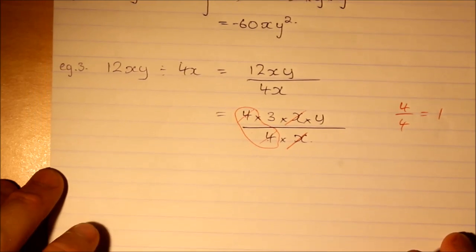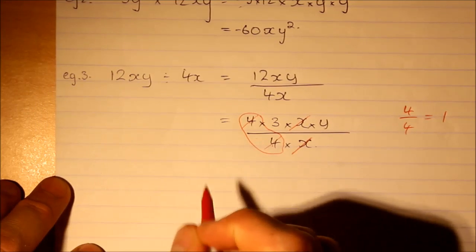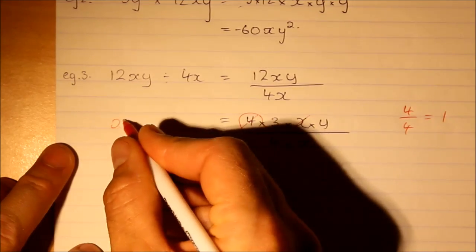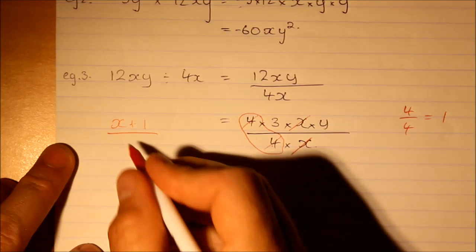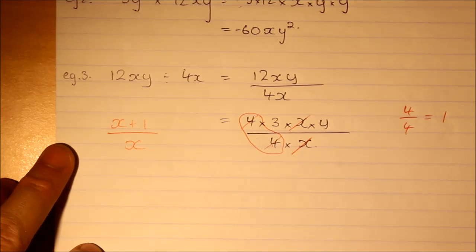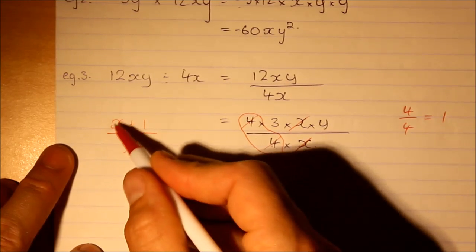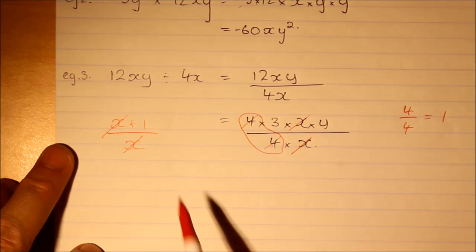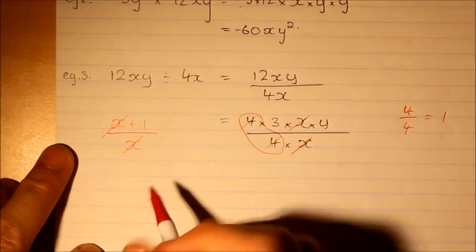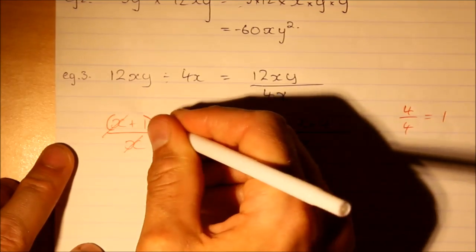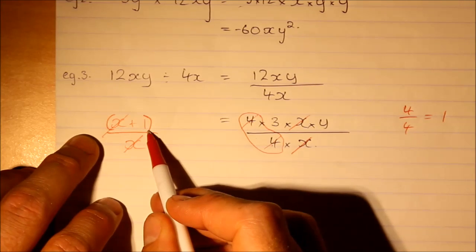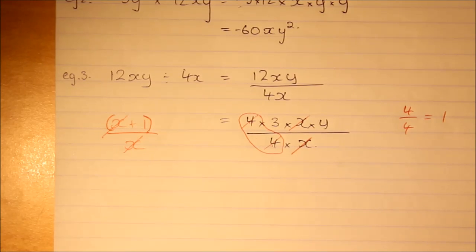Now, while I'm talking about this, what you cannot do is, if you have x plus 1 at the top and x at the bottom, you cannot cancel that. We'll talk more about this later, but you're treating that as one term, and you're not going to break that up.